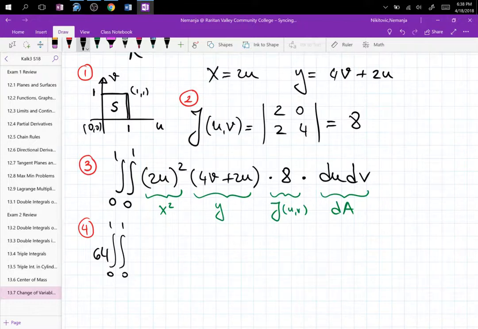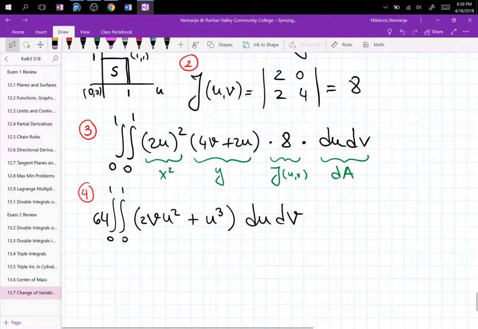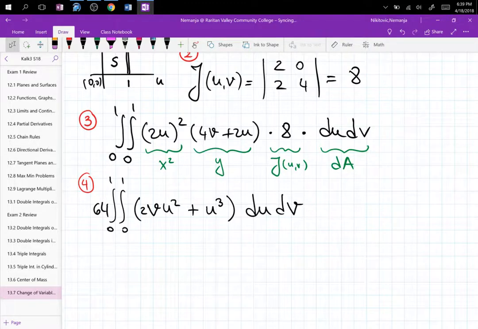Alright, so this is out. I have 2vu squared plus u cubed, du dv, when I multiply everything out. So if you didn't follow that, you should have.